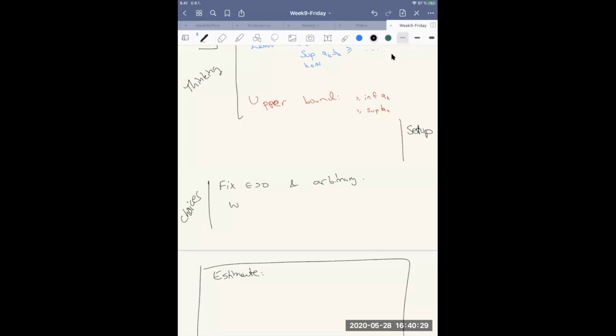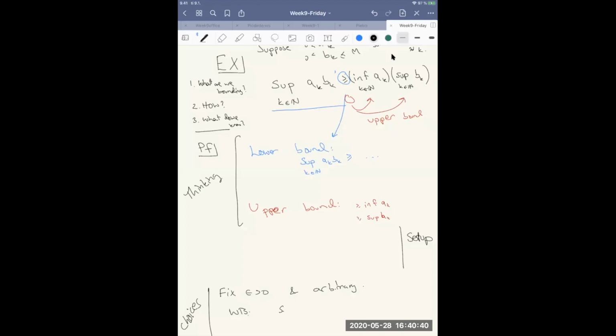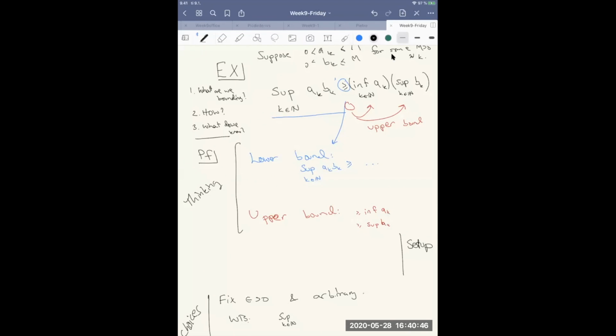And we want to show that the supremum over the product is bigger than or equal to the left-hand side here.